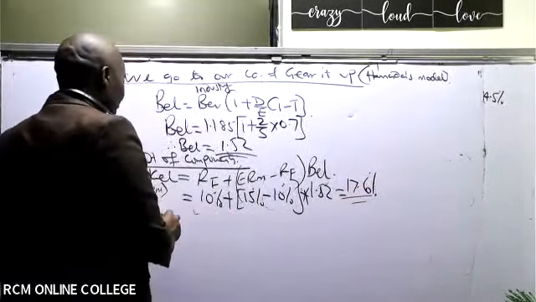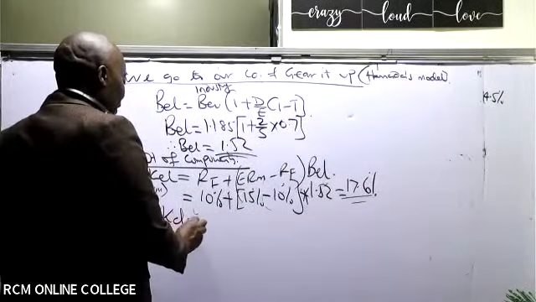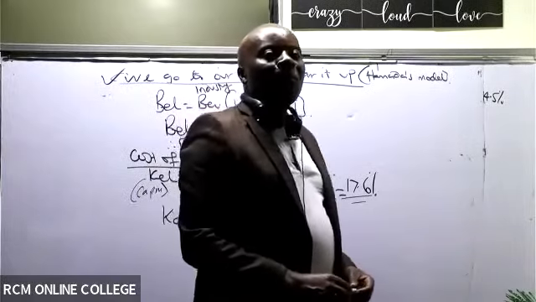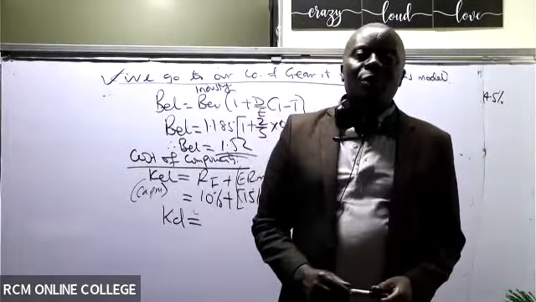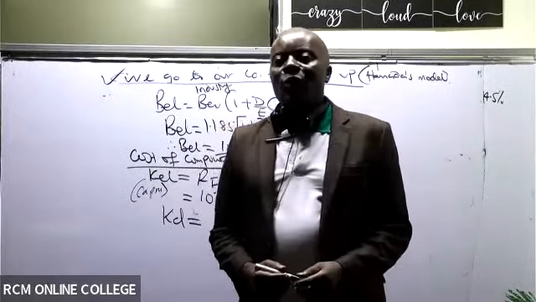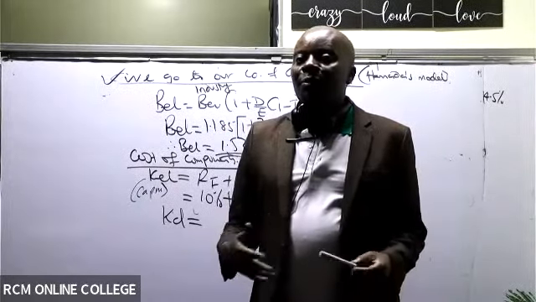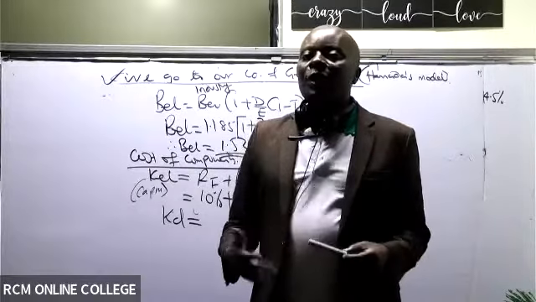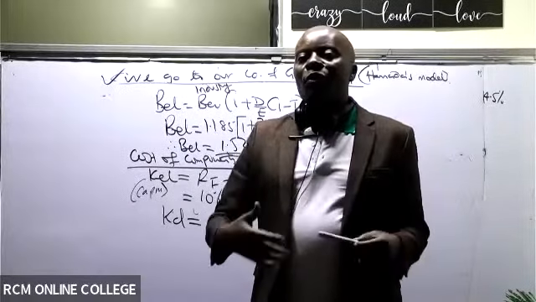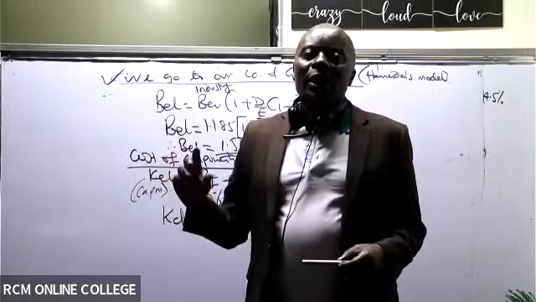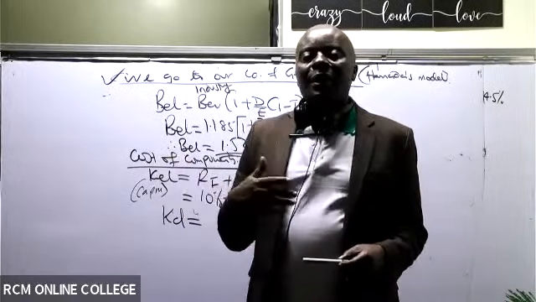So cost components. I would also want to get KD. In most cases, it's normally given. In situations where it is not given, KD will always be assumed to be risk-free because most of these debt providers will ask you for collateral. So it means it is risk-free debt.